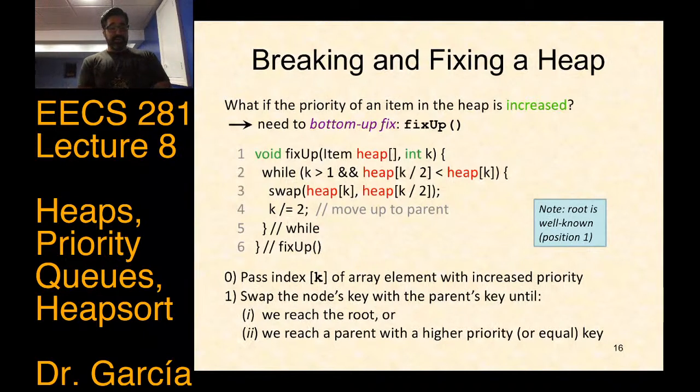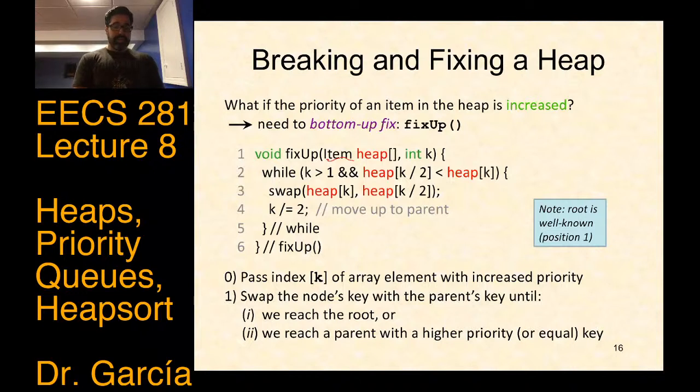You basically take the heap as input. Item, recall, is just some struct that exists that's meant to hold the elements. And then heap is the array for the heap.